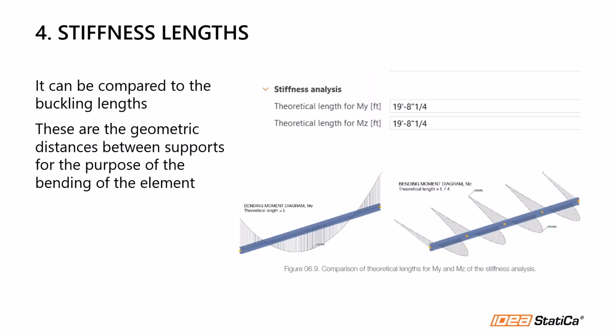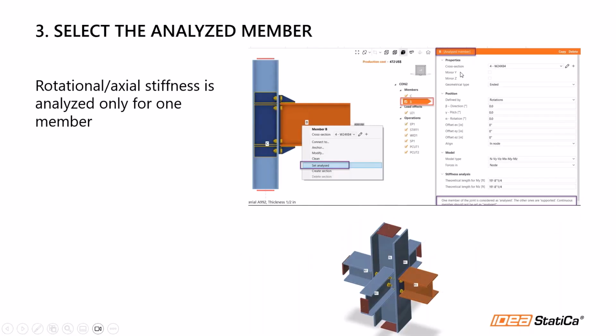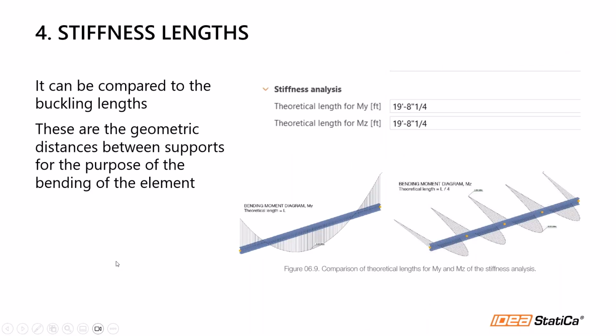Fourth step, once you select the member, two new fields will appear in the characteristics of the members. So if I go back here, when you're looking at the member properties, at the bottom, you will see these two new fields. They are called theoretical length for MY or for MC. So let me go back. There you go. These fields are related to the theoretical length that is taken for the stiffness analysis, right?